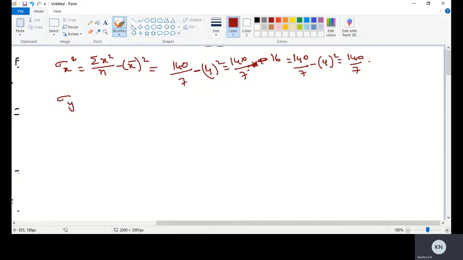Then next is sigma y square. Find out summation of y square by n minus y bar whole square.